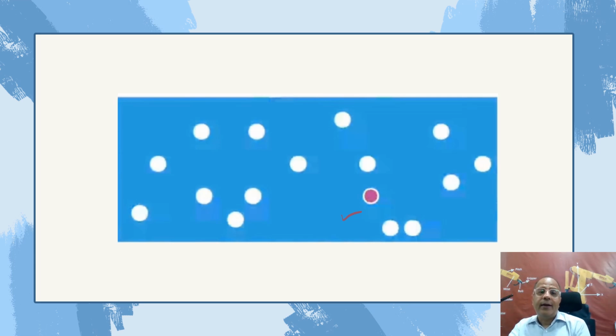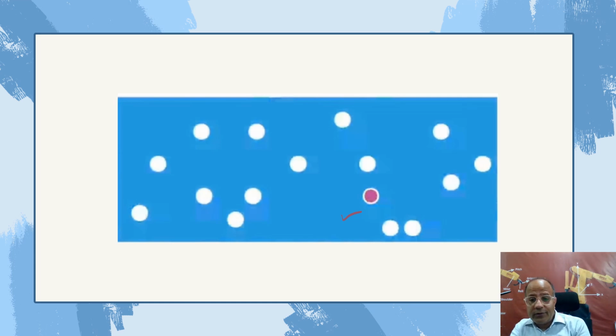Now at some point, students might be taking the help of, let's say, if I do it like this, it is not in the top row, not in the second, it is in the third row, and it is over here at the right.